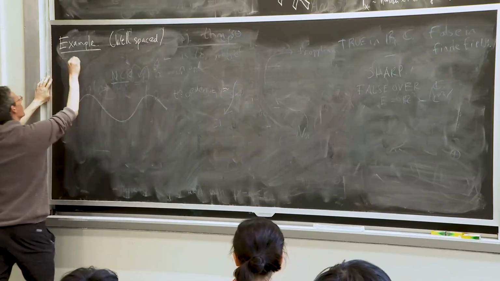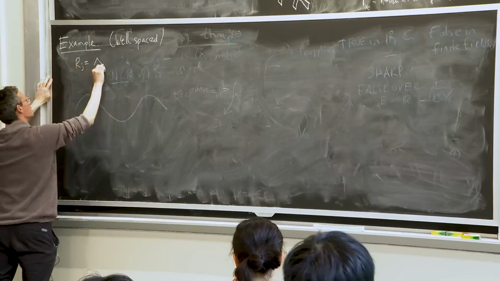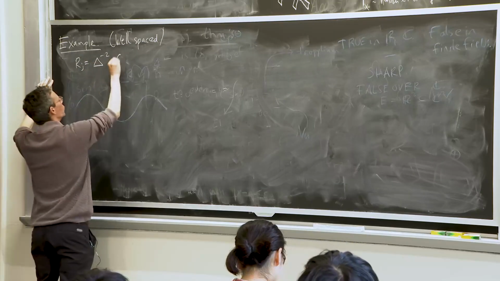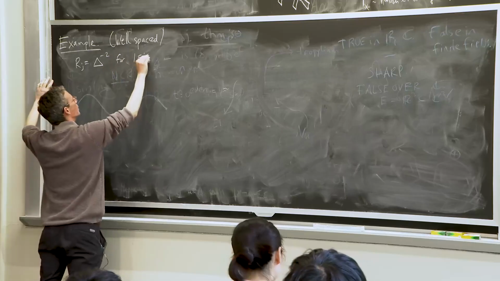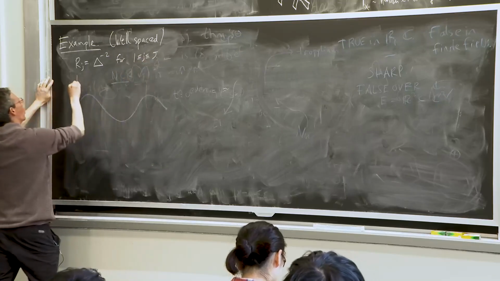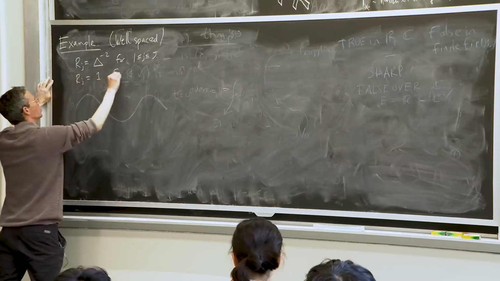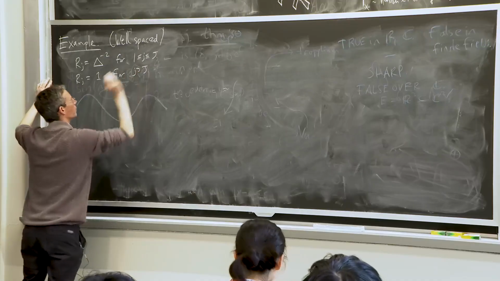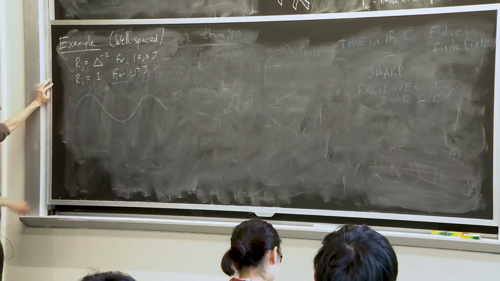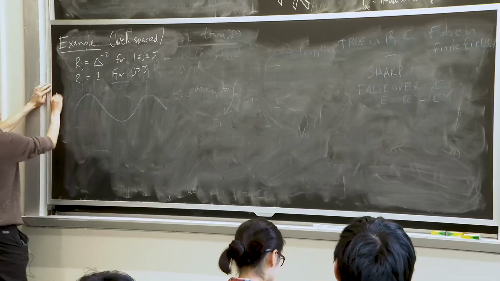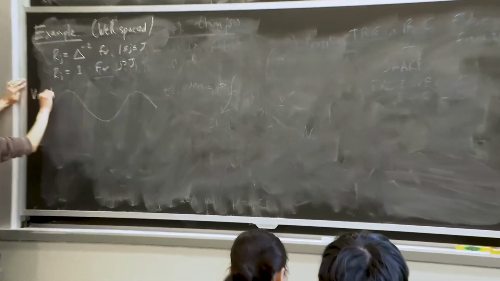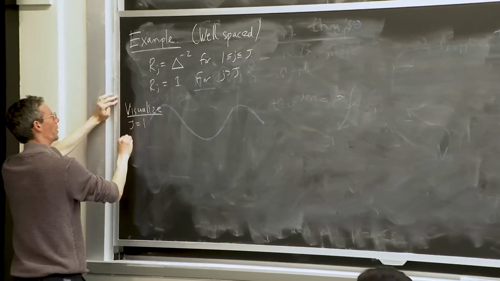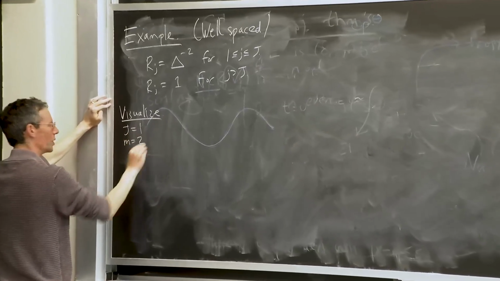In the well-spaced example, Rj is as big as it could be, its maximal value, for some range of j. And then Rj is 1 for larger j. Okay, so as a picture, it would look like this. So we're going to visualize with big J is 1, big M is 2, like over there.